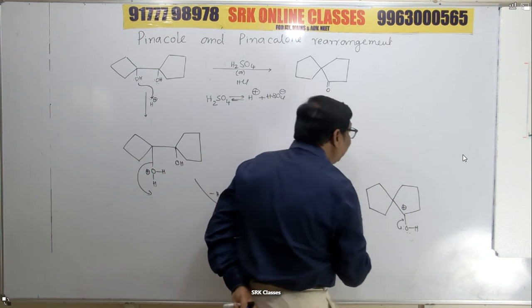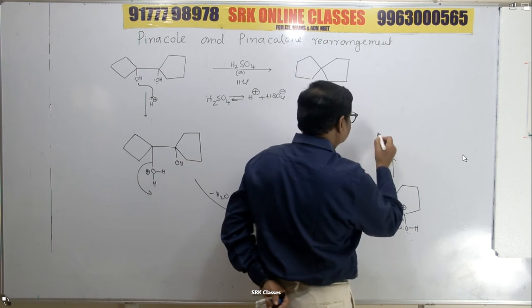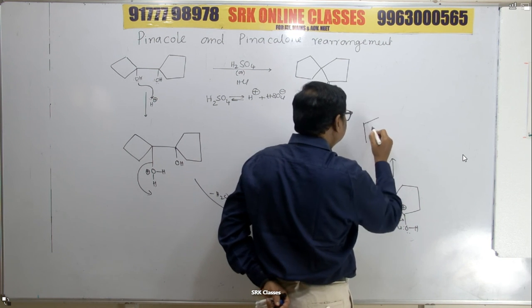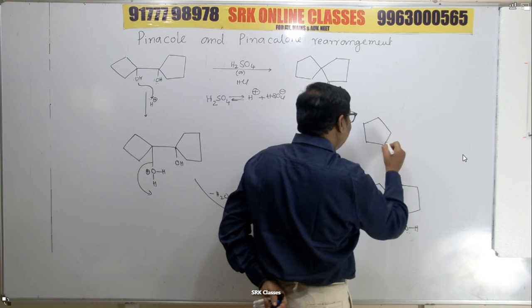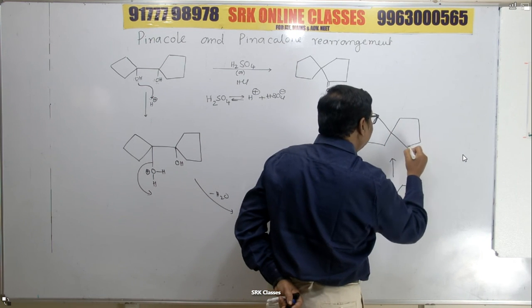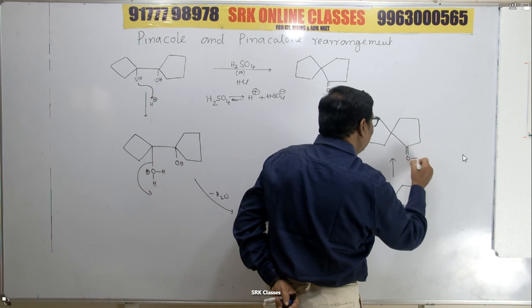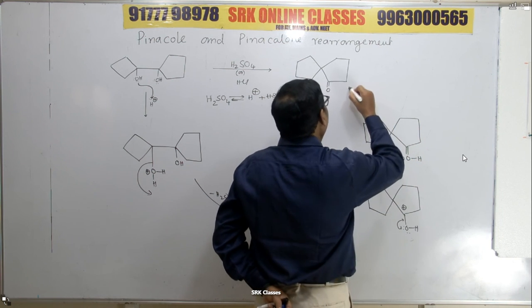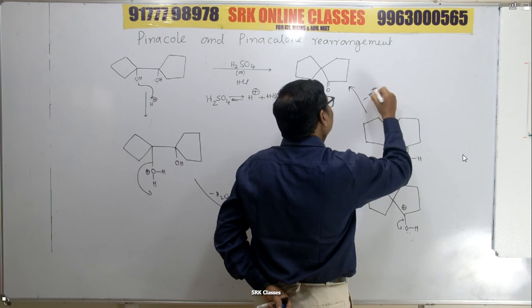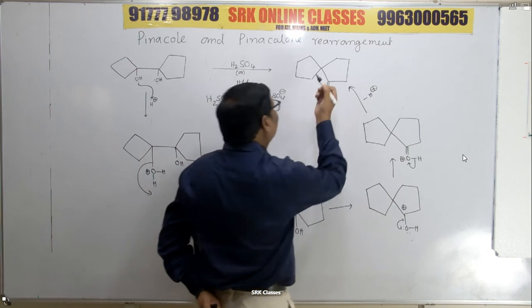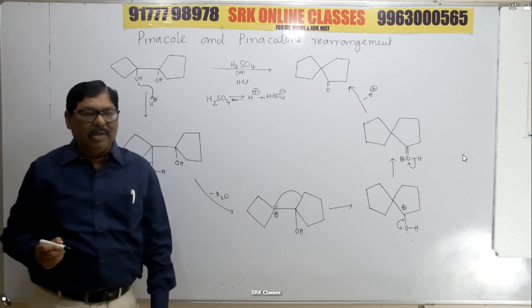Because of the mesomeric effect, it will be converted into this one 5-membered ring and this one another 5-membered ring. But here it is a double bond with oxygen with a positive charge. Now minus H plus. This is eliminated here, therefore that becomes a 5 and 5-membered ring.